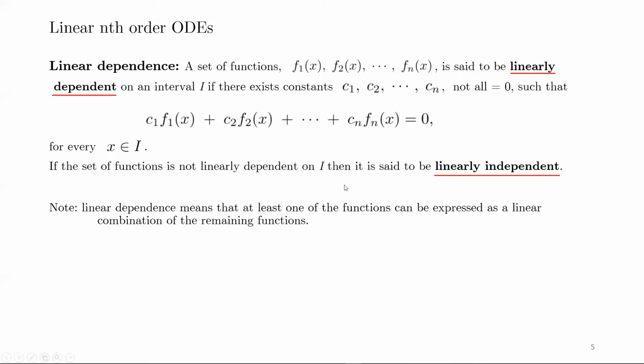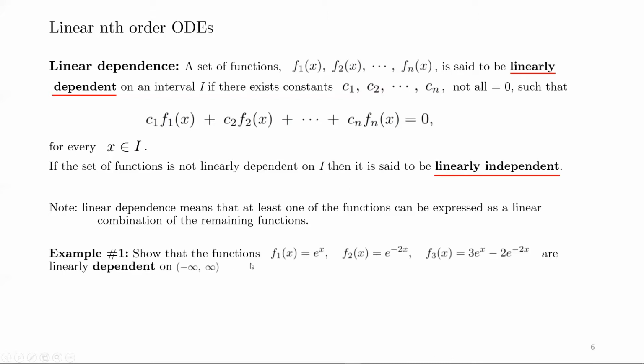For example, if we have the functions f1 equals e to the x, f2 equals e to the negative 2x, and f3 equals 3 times e to the x minus 2 times e to the minus 2x, it's not too hard to show that these are linearly dependent, because I can write f3 as a linear combination of f1 and f2.